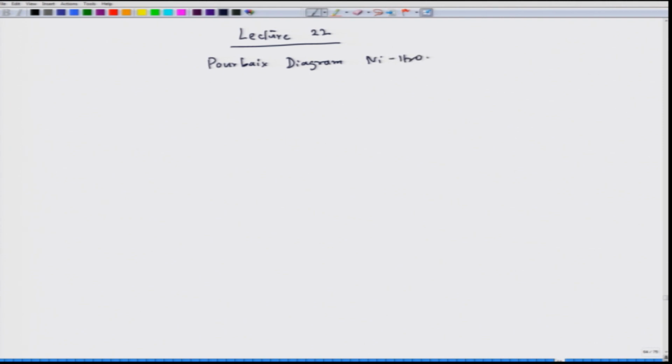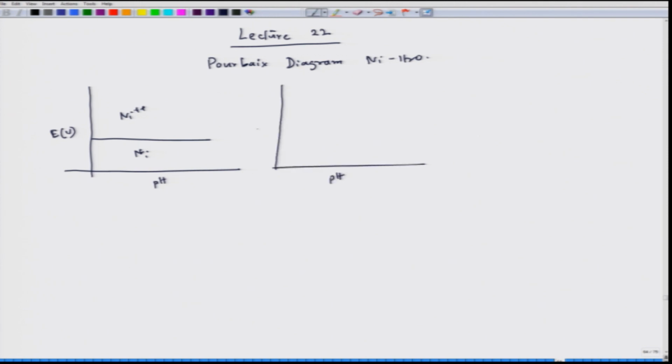Now, we have plotted nickel plus this we have done calculations for simple nickel ion reduction to nickel, and then we have gotten another plot.